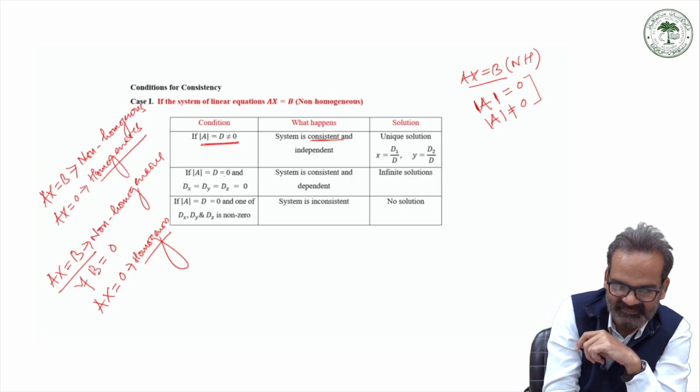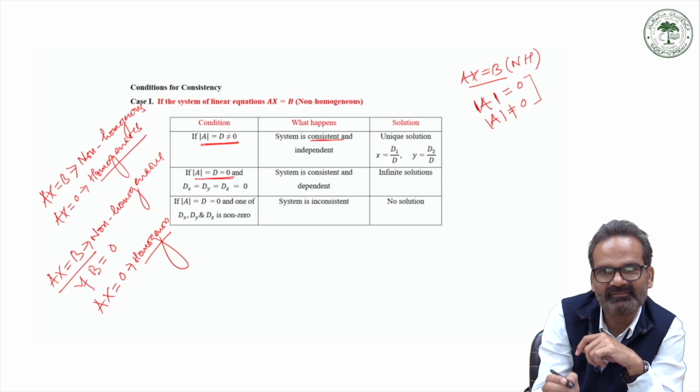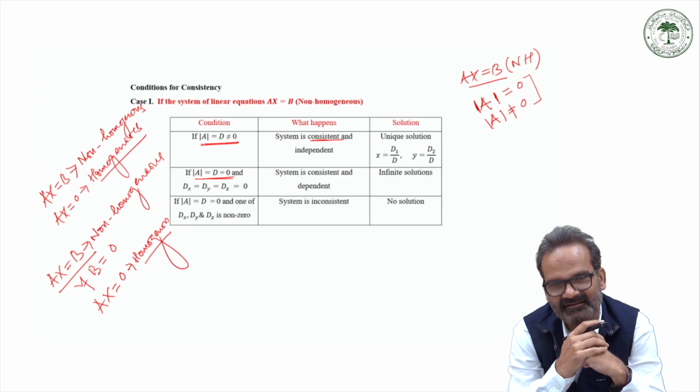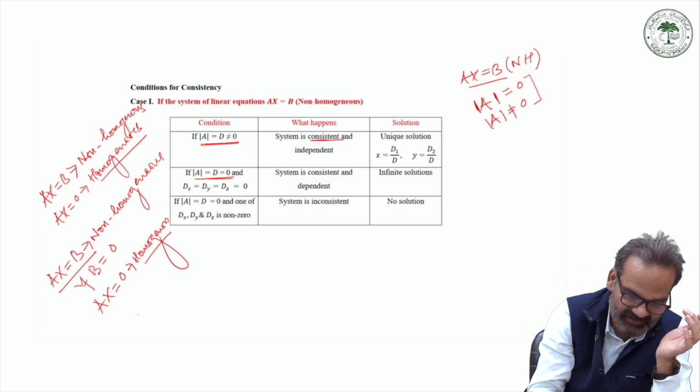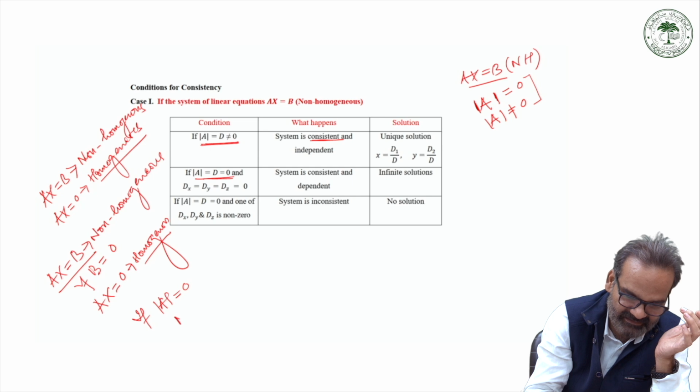Case 2, if the determinant of A is identically 0, then what will we do? If the determinant of A is equal to 0, then we will calculate dx, dy and dz.